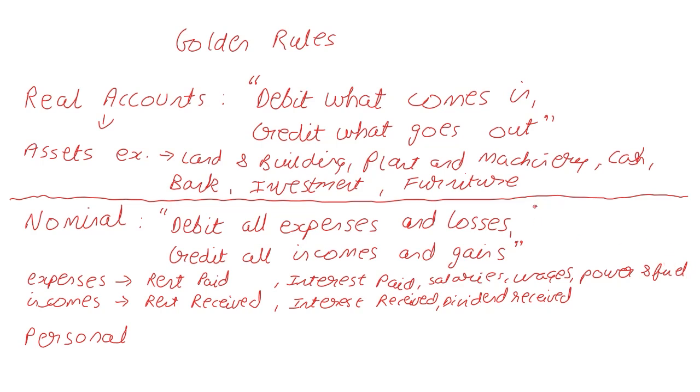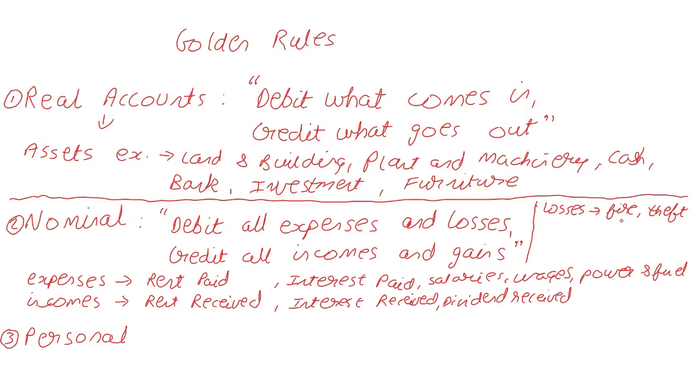But when we think about losses, we mean losses that occur because of fire, because of theft. And all these accounts which I'm mentioning to you over here are just examples. There can be unlimited account names across all three types of accounts: real, nominal, and personal.